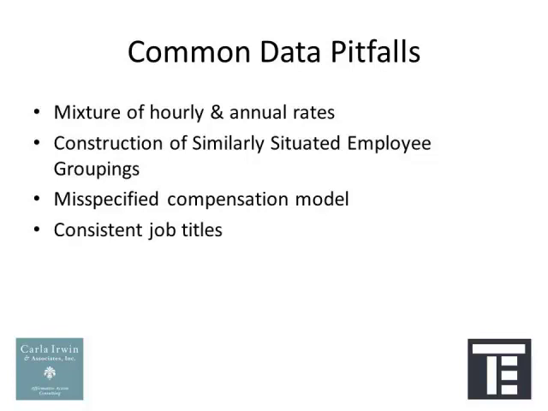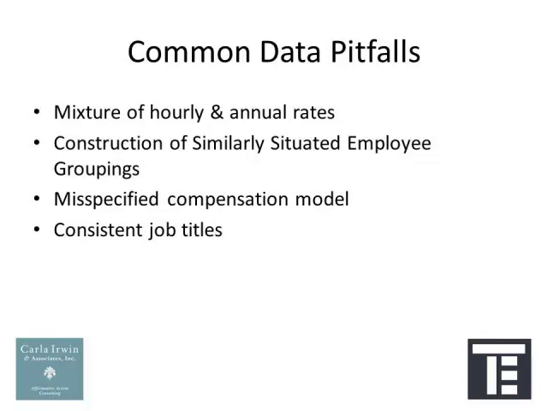And one of the things that I find that is a real data pitfall for companies is using consistent job titles. And so what do I mean by that? Spelling senior, so you have like a senior engineer, senior spelled S-R period, S-R, S-E-N-I-O-R, and then all of them are the same.